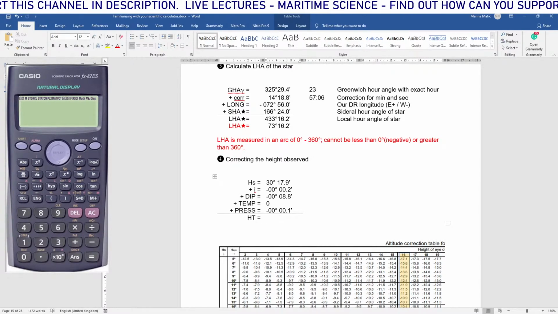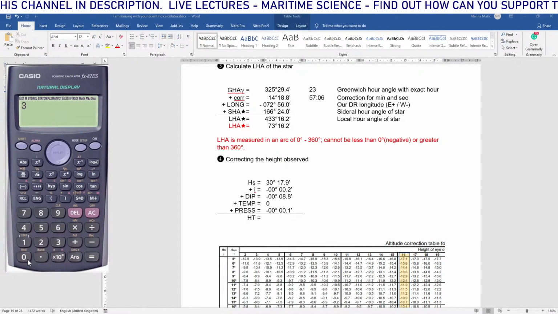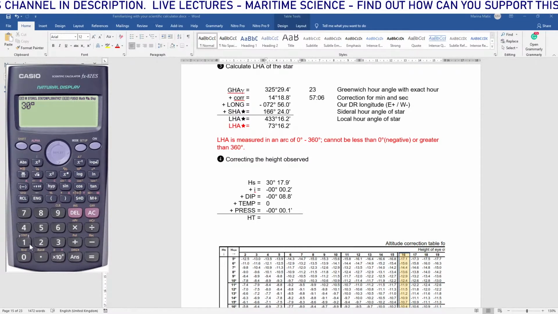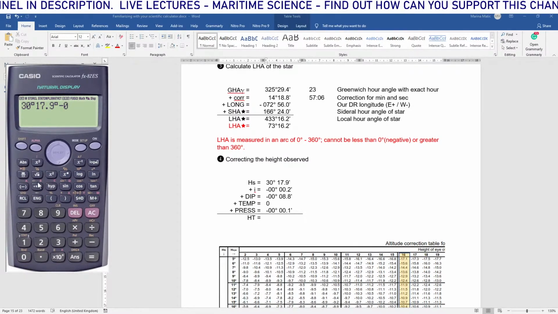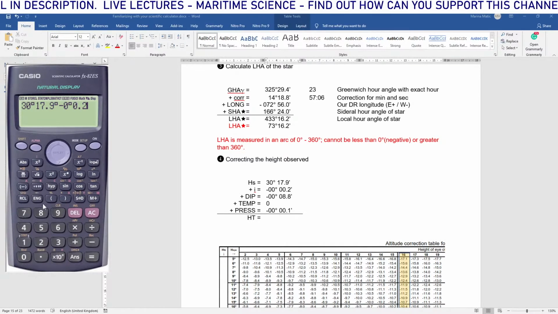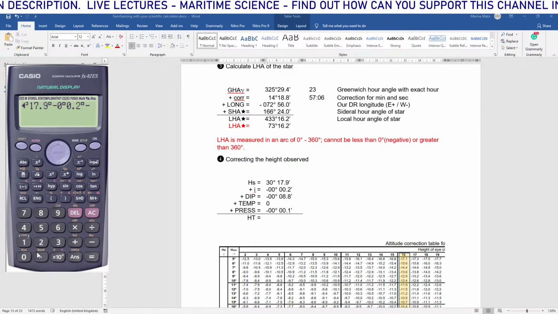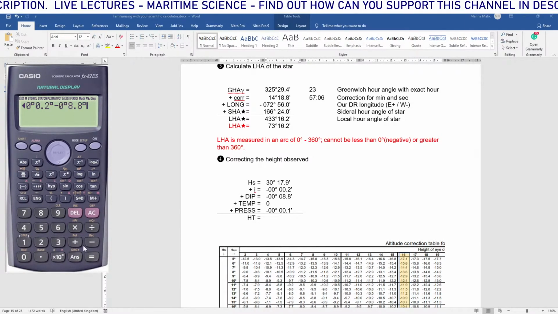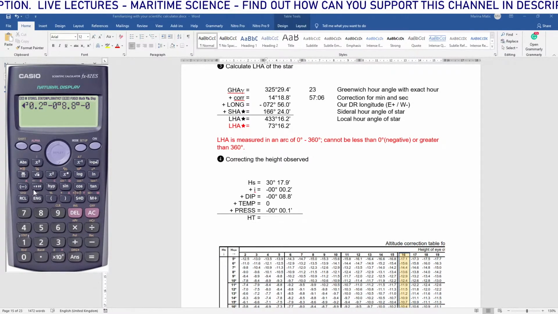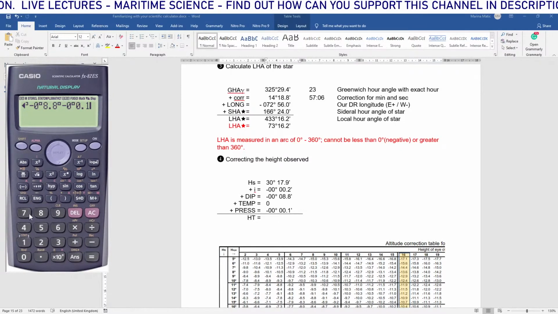And let's do the calculator thing. You see my calculator, so let's put 30 degrees 17.9 minutes, minus 0 degrees 0.2, minus 0 degrees 8.8, and minus 0 degrees 0.1.